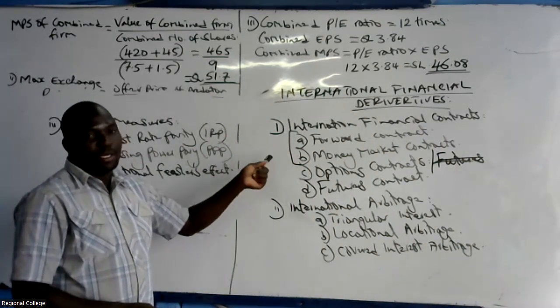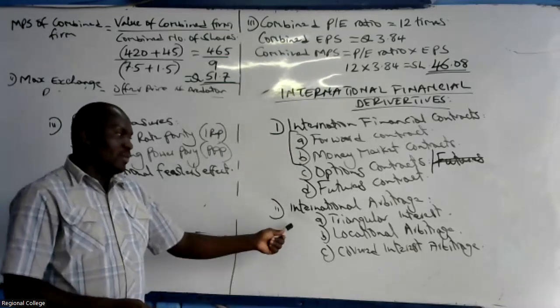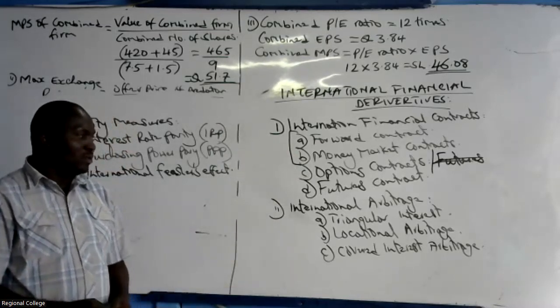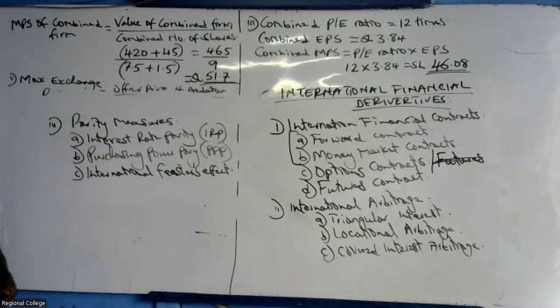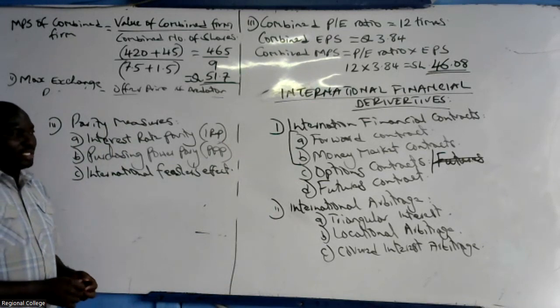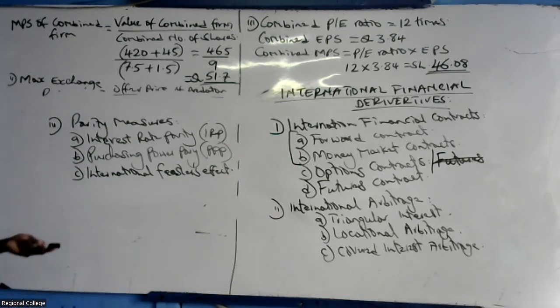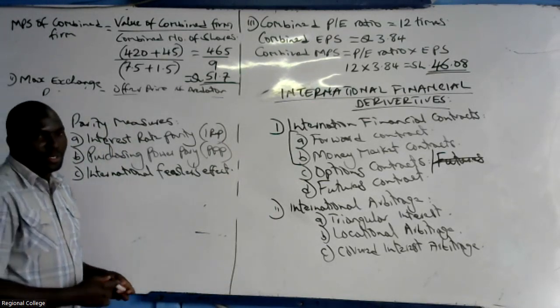Forward contracts and money markets have been tested occasionally. Triangular arbitrage was tested in 2013. Covered interest has never been tested. Parity measures are well covered.